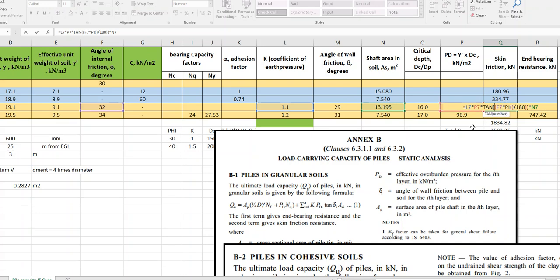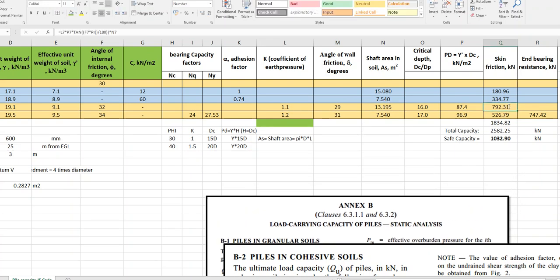So this delta is F7. Okay. So delta we have actually, as per the IS code I have given, equal to 5, but for this calculation let's use delta actually, not the 5 value. So we will see this value.